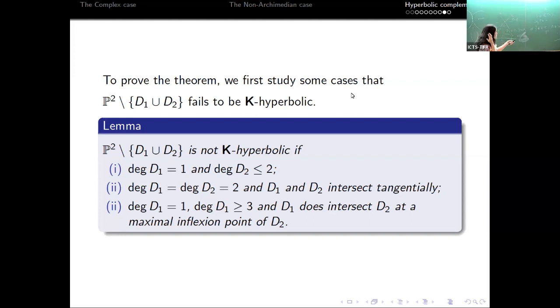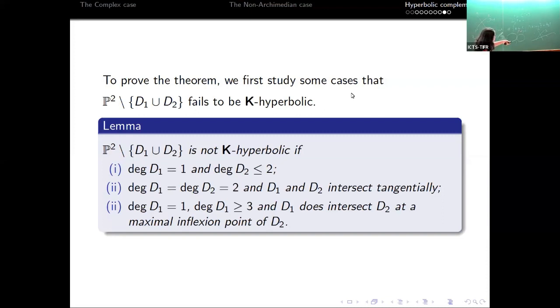Then another case is when there are 2 of dimension 2 that intersect transversely. So we can take F here, and the image of F is here.